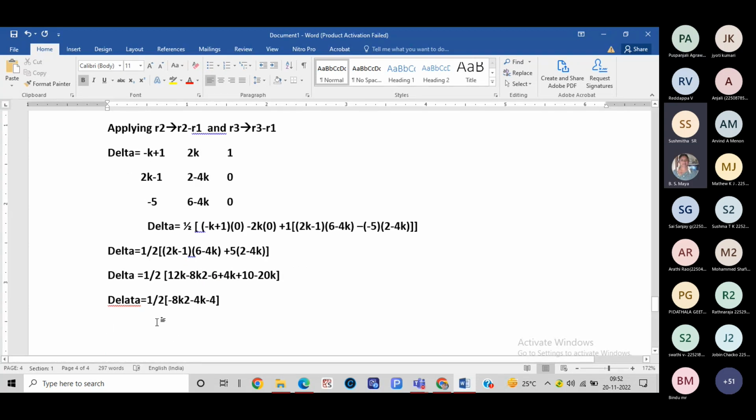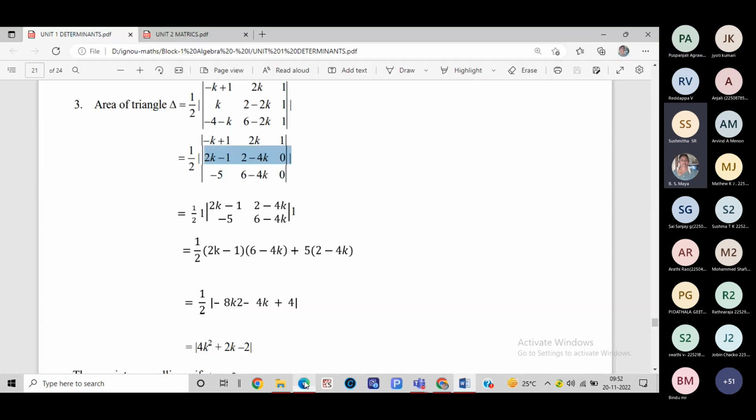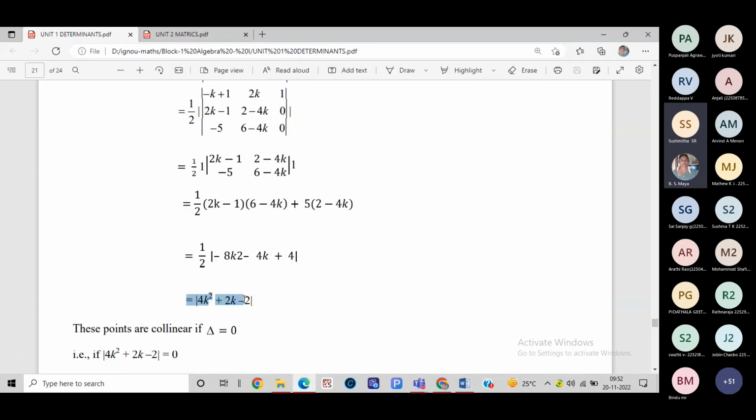You will get that answer, equal to divided by 2, minus 4 square minus 2k minus 2. Take the minus as a common factor for the delta. You will not determine a value for that one. Then 4 square plus 4k, then plus 2, plus 4. Everyone got these steps? This is a determinant, right? If the minus is applied, that minus should be cancelled.